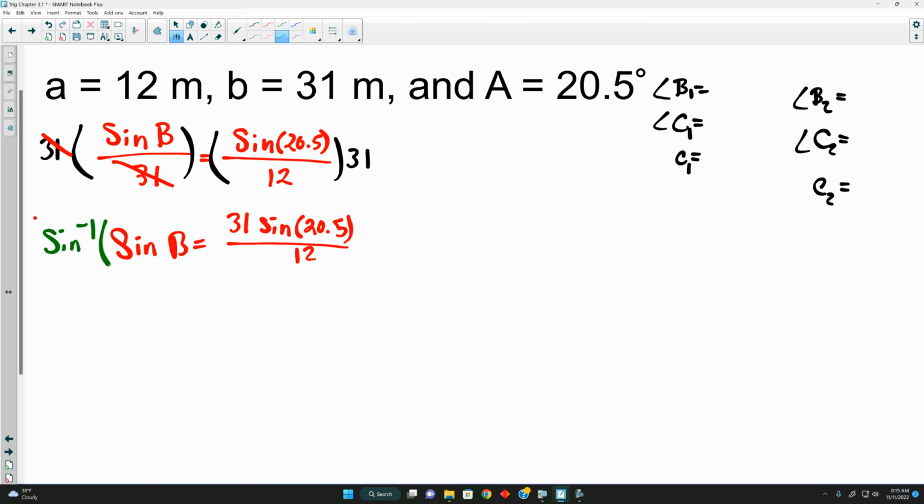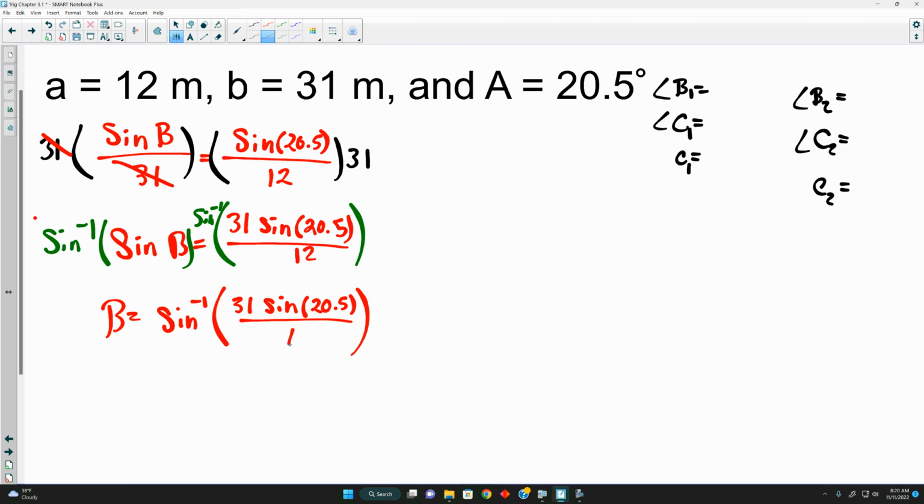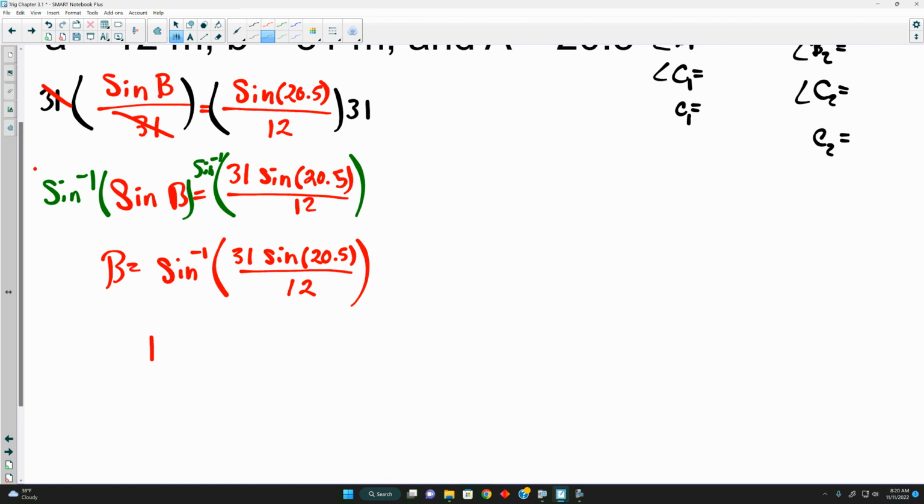And again, we're going to take sine inverse of both sides, telling us B is equal to sine inverse of 31 sine of 20.5 all over 12. So at this point here, nothing's changed.